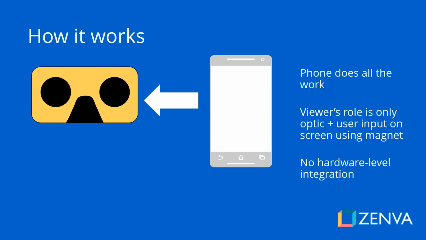It's mainly an optical role, because you put your phone there and the lenses do the job of presenting the image for each eye, so that it gives you that sense of 3D. But there is no hardware level integration, so as I said, it's mainly optical, plus obviously that magnet that can trigger an input event on the screen.